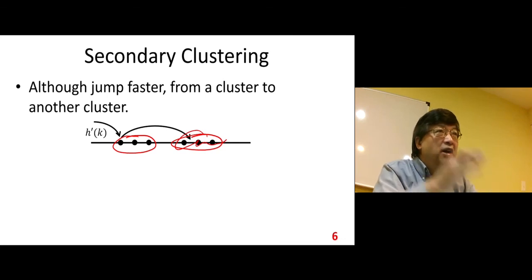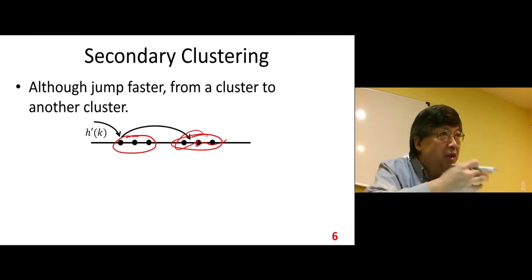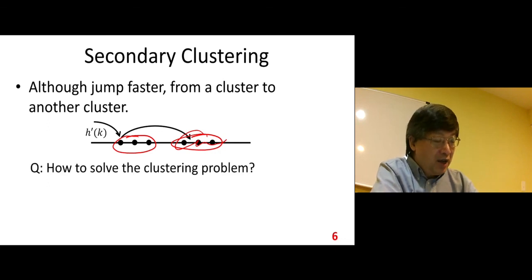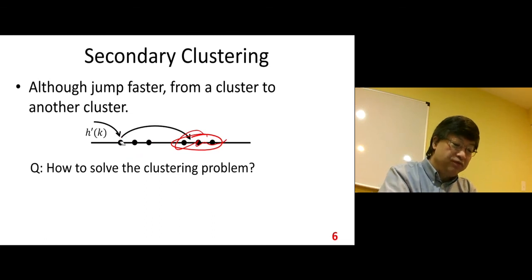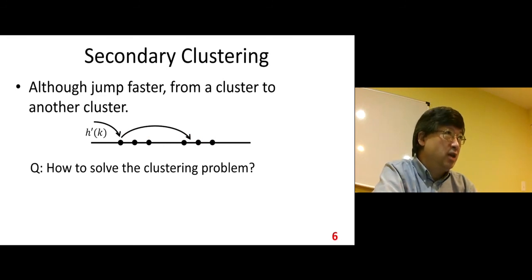So you can see the hash function design is pretty complicated. People use hashing, but the internal implementation is very difficult. A lot of factors you need to consider. So how to solve this kind of clustering problem? We are not satisfied with this solution, secondary clustering.